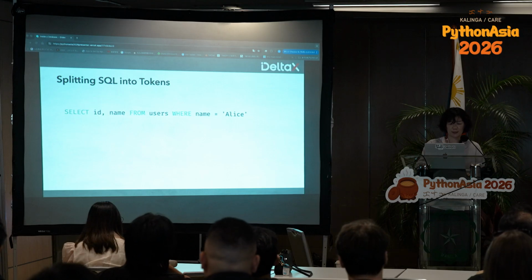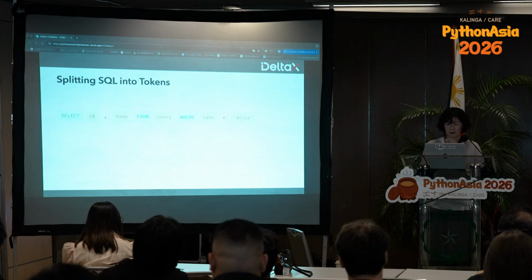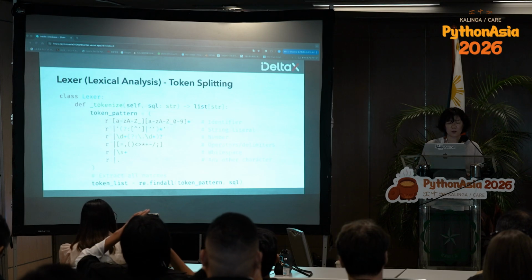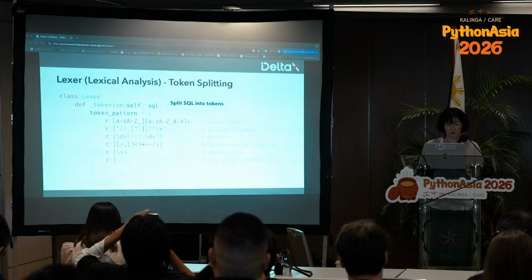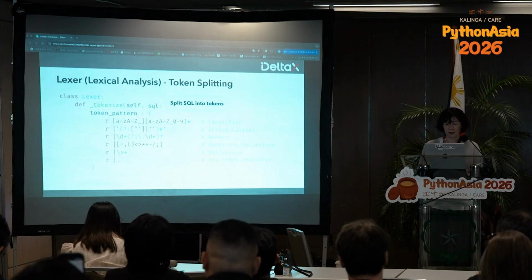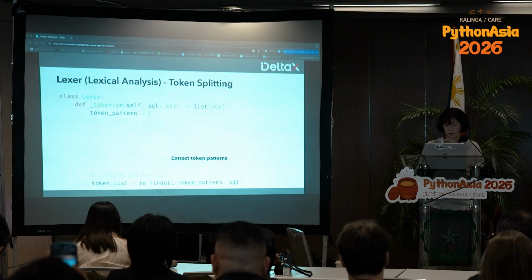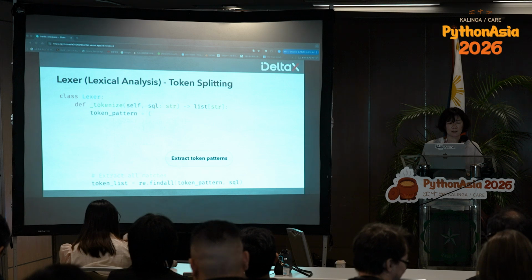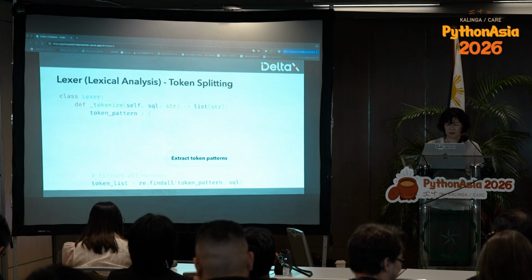Here is how SQL is split into individual tokens. The tokenize method uses regular expressions to split the SQL into tokens. The findall method extracts all matching tokens from the SQL string.